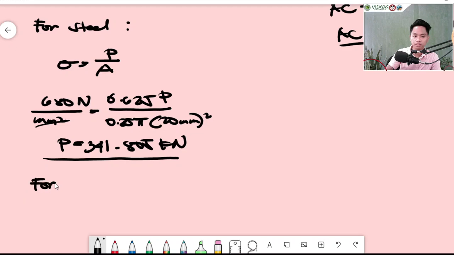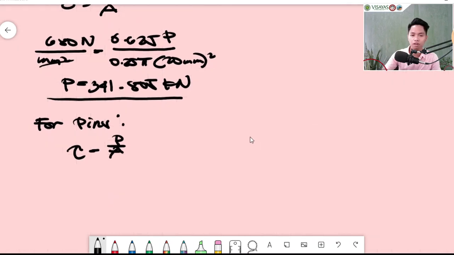For pins, shear stress is equal to P over A. Now, what is the shear stress allowable?